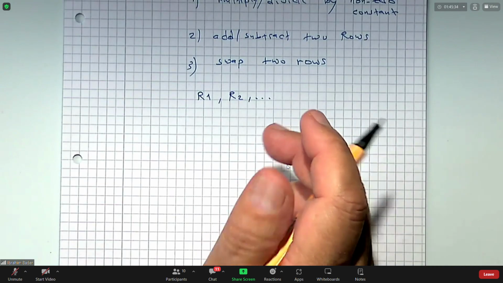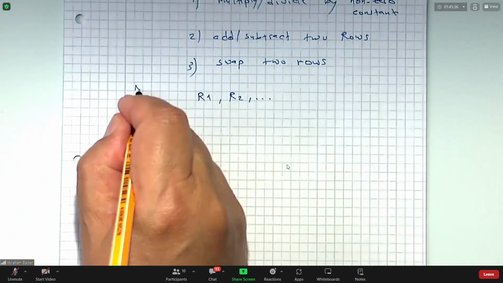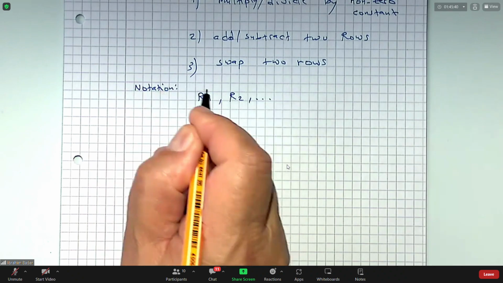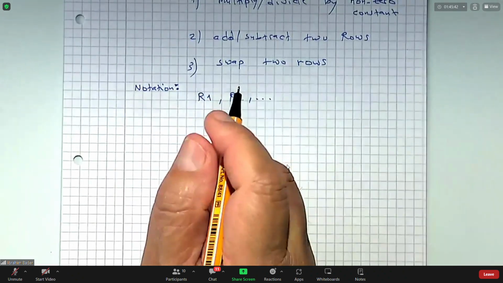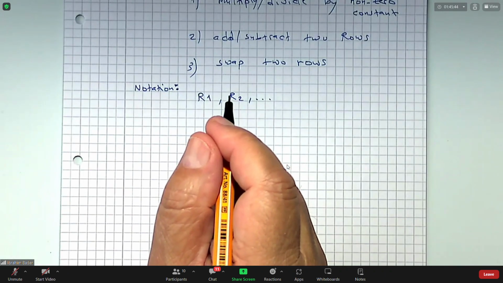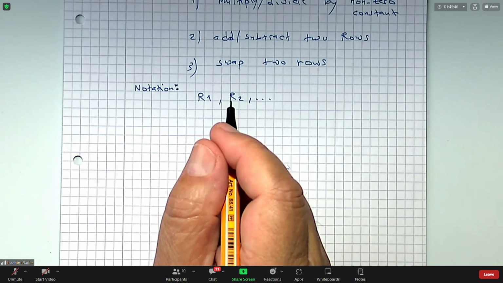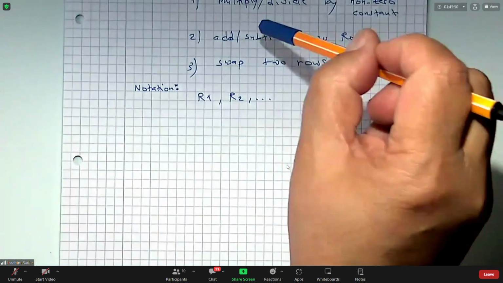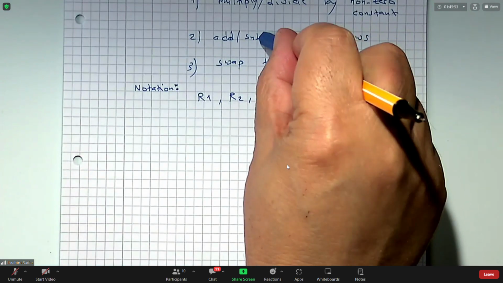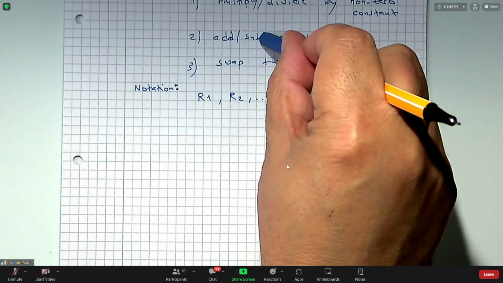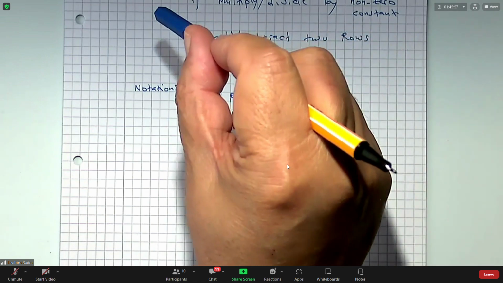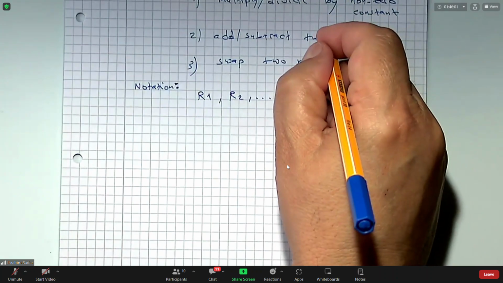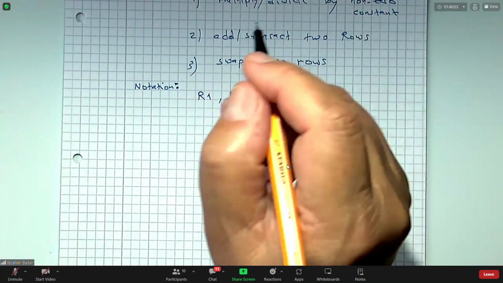Some notation agreements: if I perform any operation on a row, for instance adding twice one row to another row, I'm using two rows at a time, but I'm changing only one row at a time.